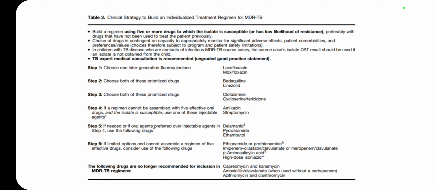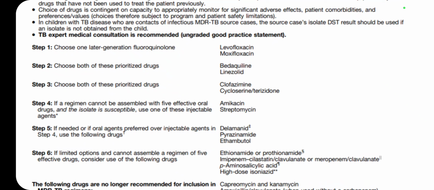Choose both of these prioritized drugs, bedaquiline and linezolid. Step 3. Choose one or both of these prioritized drugs: clofazimine or cycloserine.